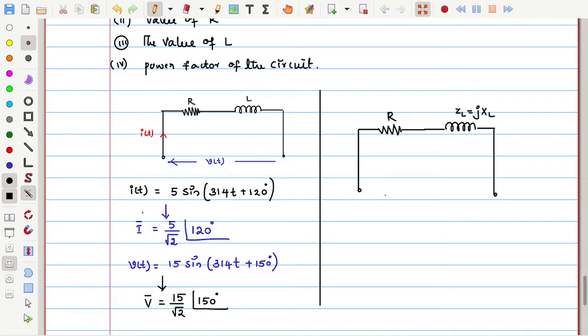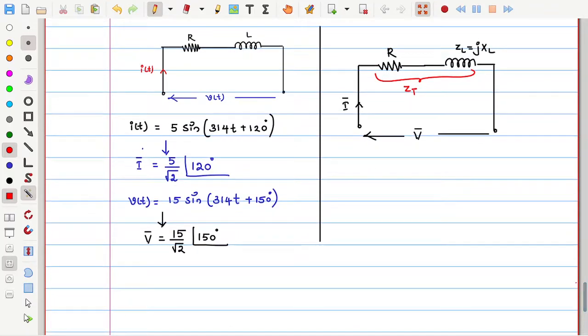This is the total voltage in phasor form V bar, the total current I bar, and the total impedance of this circuit is ZT. How much is ZT? Can you tell me from previous knowledge? Can I write ZT as R plus ZL, that is R plus jXL? Exactly.